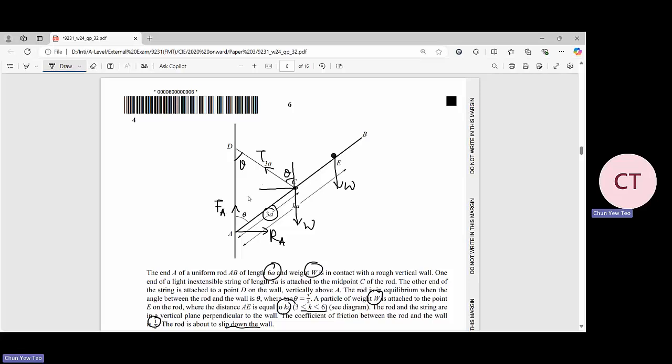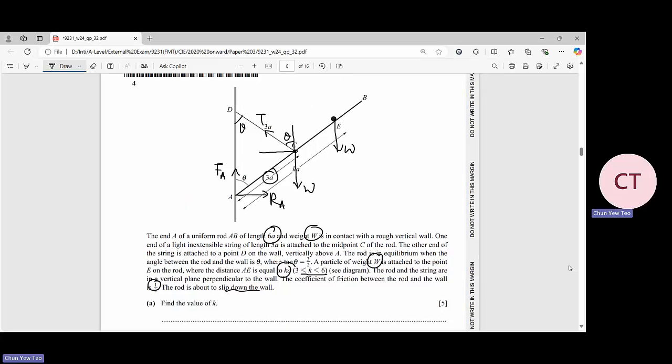Okay, now the question wants us to find the value k. To find the value k, there are two things you can do. You can resolve the forces horizontally and vertically. Another one is to find the moment.